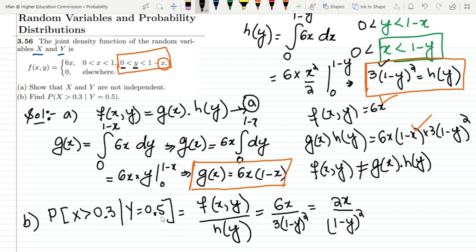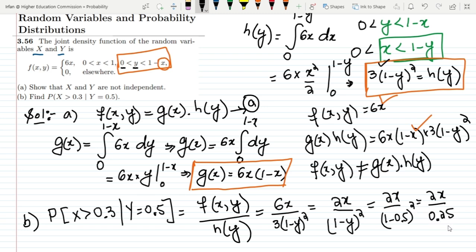As the value of y is already given and that is 0.5, putting it here we will have 2x divided by (1 minus 0.5) whole square, okay. So finding it out, we will have 2x divided by, 1 minus 0.5 is 0.5, 0.5 square is 0.25, okay.